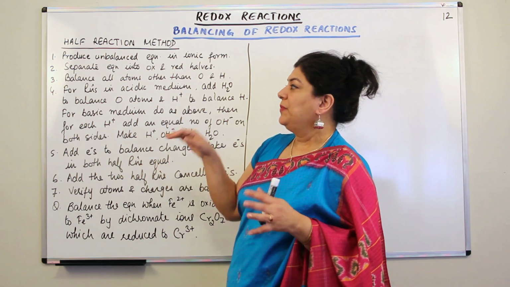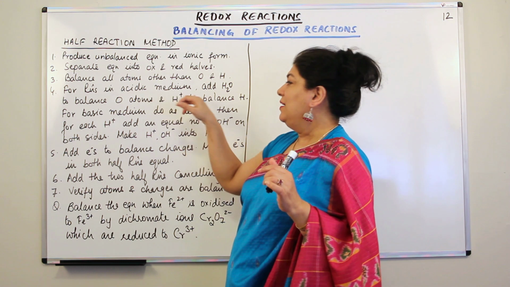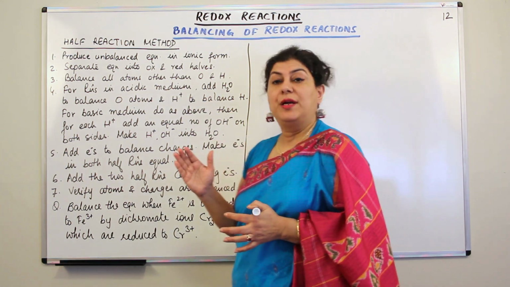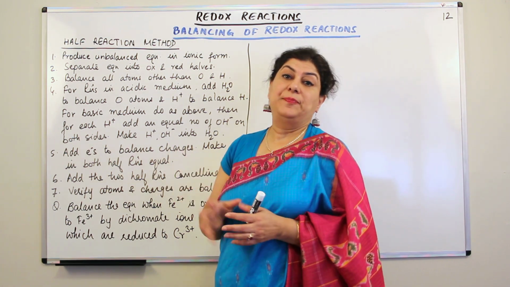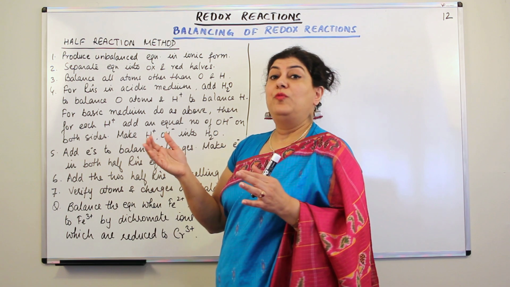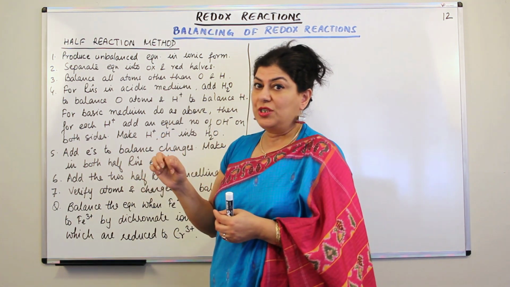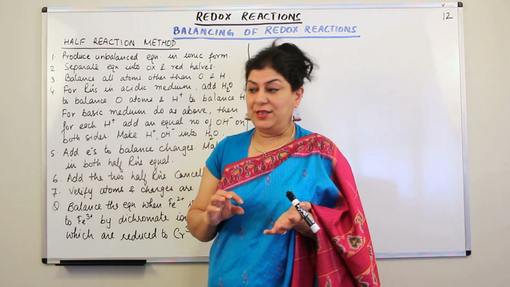After this step, if the reaction is taking place in acidic medium, then we add water. In the oxidation number method, we balance hydrogens and oxygens in the end. If it is taking place in acidic medium, we add H positive, and if it is taking place in basic medium, we add OH negative.